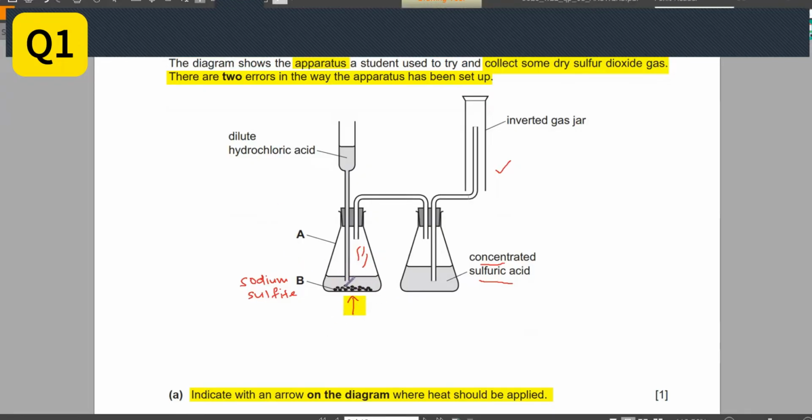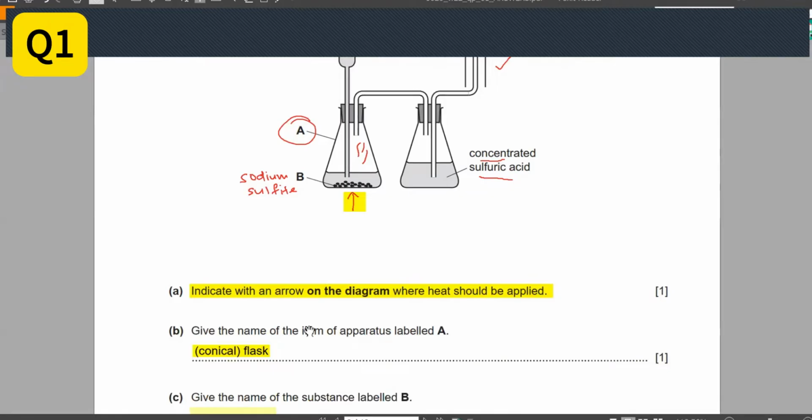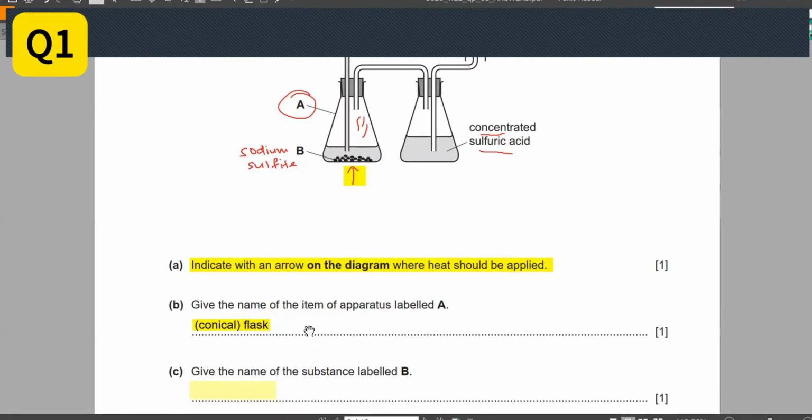Straightforward. Second question, give the name of the apparatus labelled A. Very straightforward. This is a conical flask, no problem.